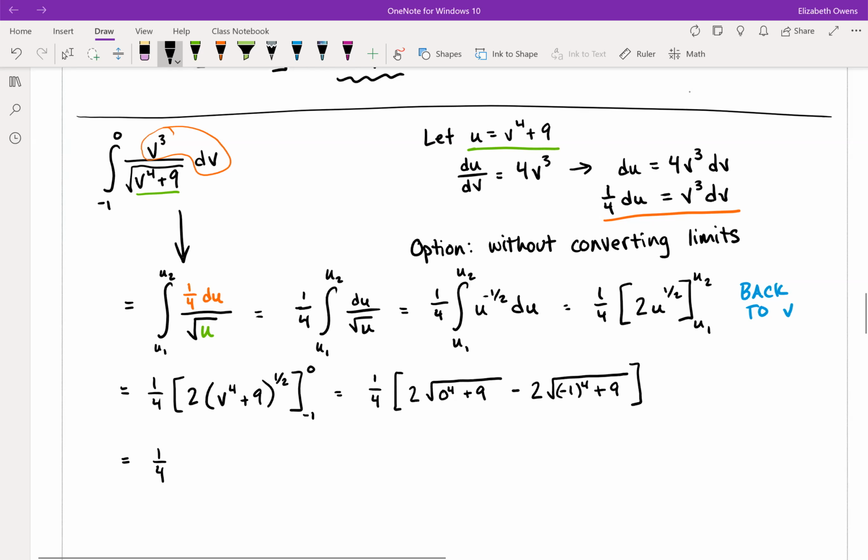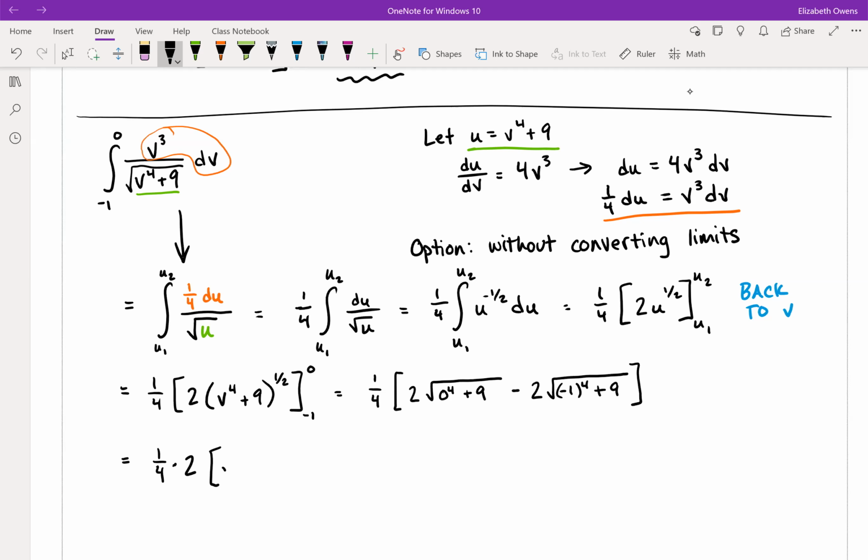FYI, at this stage right now, you can pull that 2 out, factor that out. It's going to be a common factor of both terms, so you might as well bring it outside there to combine with that 1/4. So I'm going to pull it out here, 1/4 times 2.